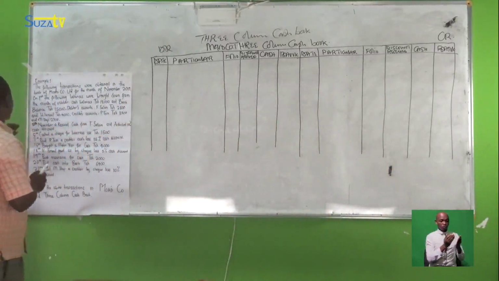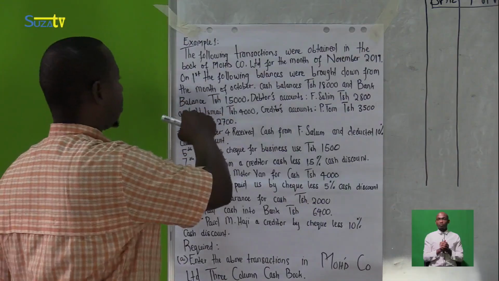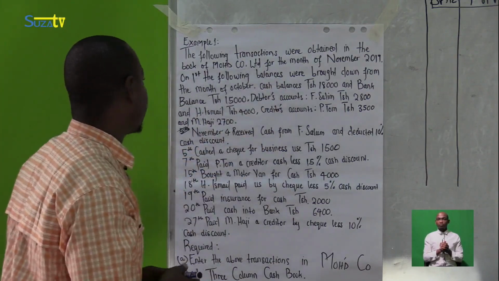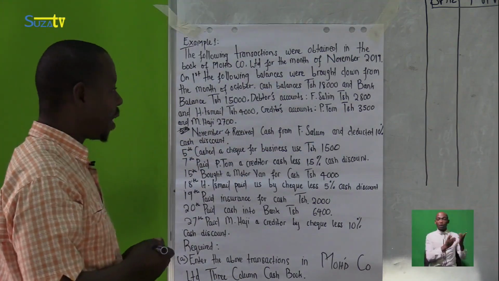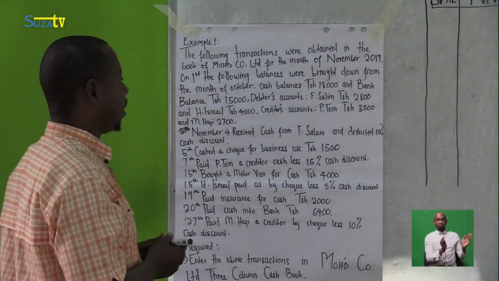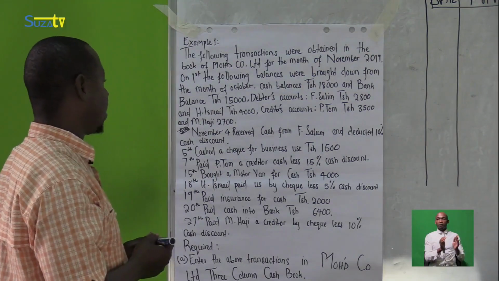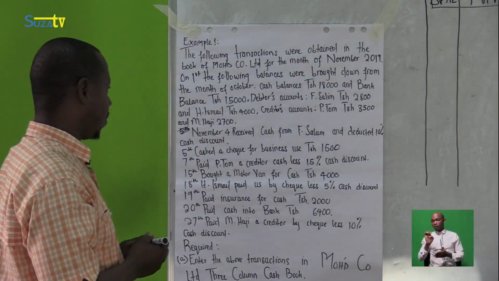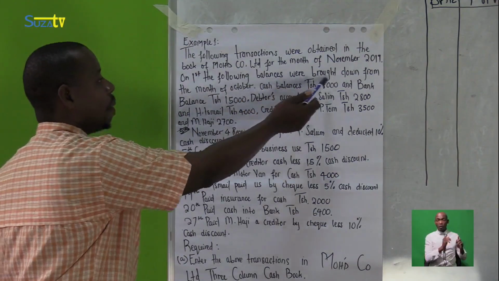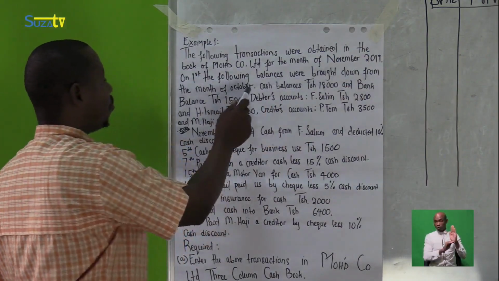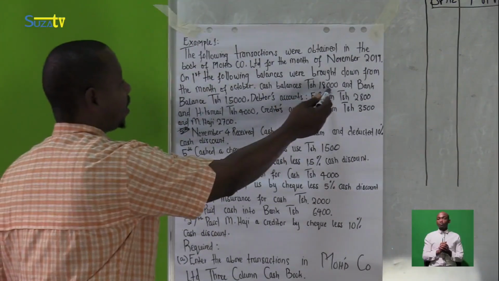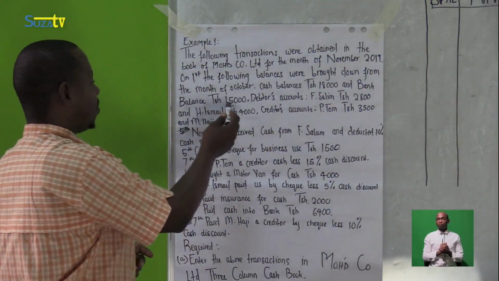On the first, the following balances were brought down from the month of October. The cash balance is 18,000, and the bank balance is 15,000.